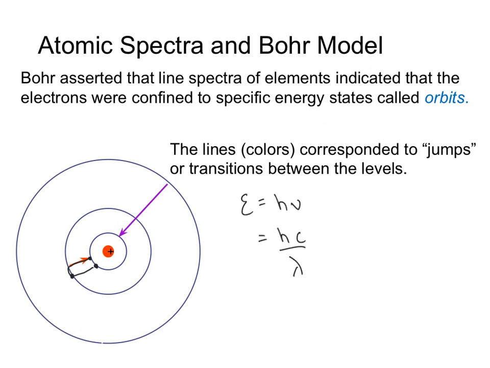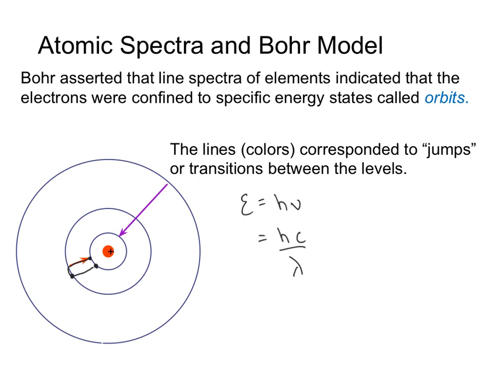What this means for us is that certain energies, as they are released, will express themselves as wavelengths of light. And so as this energy is being released when this electron drops back down to n equals 1, in this case we see that as a red light, illustrated here, corresponding to the wavelength of red light.